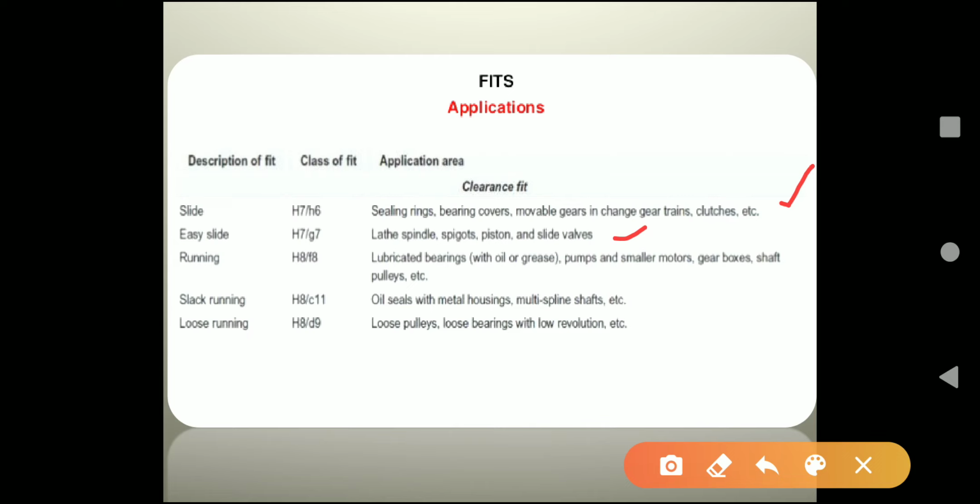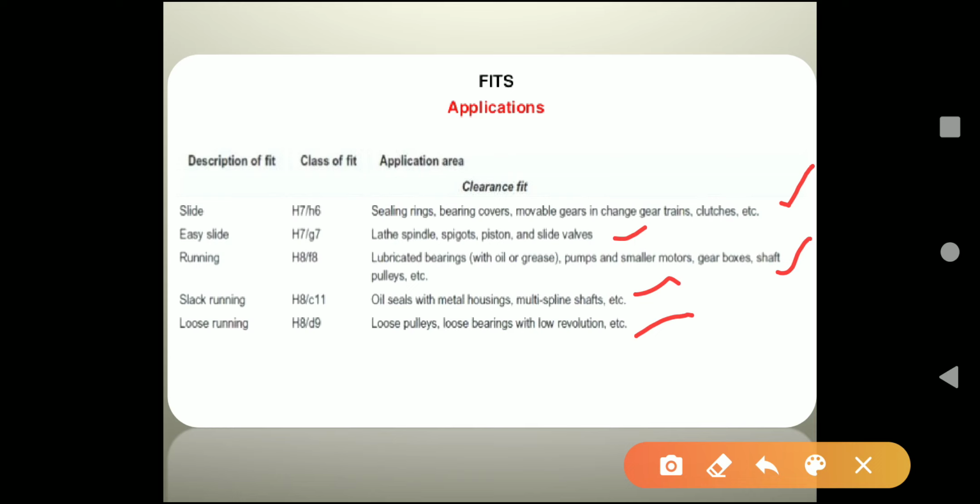Third, running fit: lubricated bearings, pumps and smaller motors, gearboxes, shafts, pulleys. These are the applications of running fit. Then next, slack running: oil seals with metal housing and multi-spline shafts are examples of slack running fits. And finally, in clearance fit, the last fit is loose running fit, that is loose pulleys and loose bearings with low revolutions.